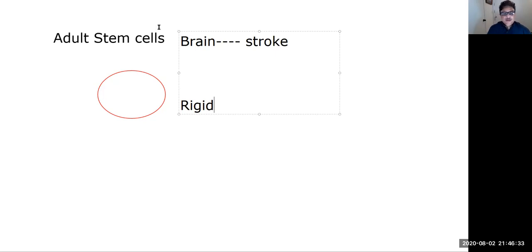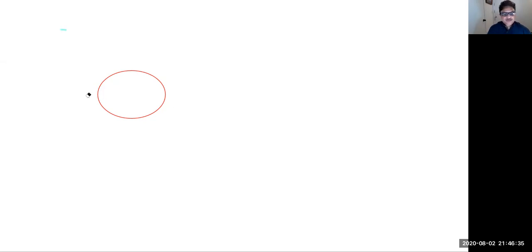Then now we are learning about cord blood cells as potential stem cells, but we still don't know exactly whether it is a good idea and whether it has a therapeutic impact. So these are newly developed technologies that still need to be tested, but it's going in the right direction, right?